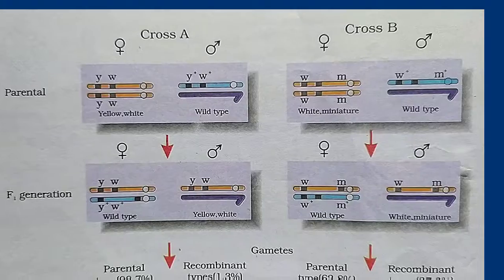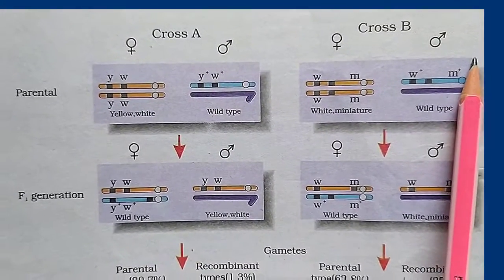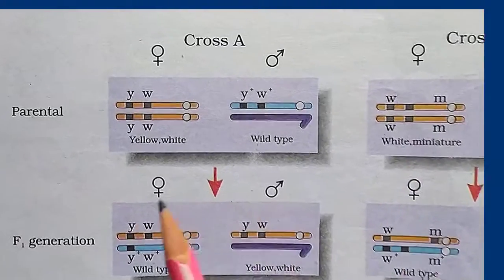Okay, let us have a look at the cross which was done by T.S. Morgan and his group. Two crosses are given here, cross A and cross B. These crosses were done by Morgan and his group.